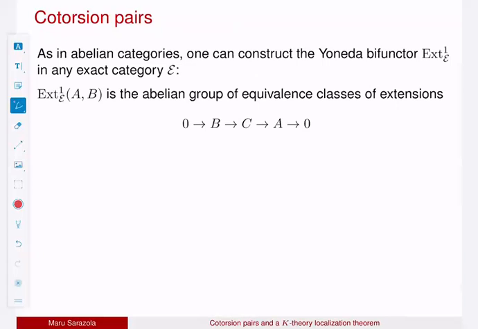So remember, Ext^1(A, B) is going to be the equivalence classes of extensions like this, having B, C, and A. We're probably used to doing this in categories of modules. We can do that in abelian categories in the same way. And furthermore, since we still have some short exact sequences in an exact category, we can still define this Ext^1 functor in the same manner. Now we're going to have just fewer of these, but that's fine. All the definitions and properties go through in exactly the same way.